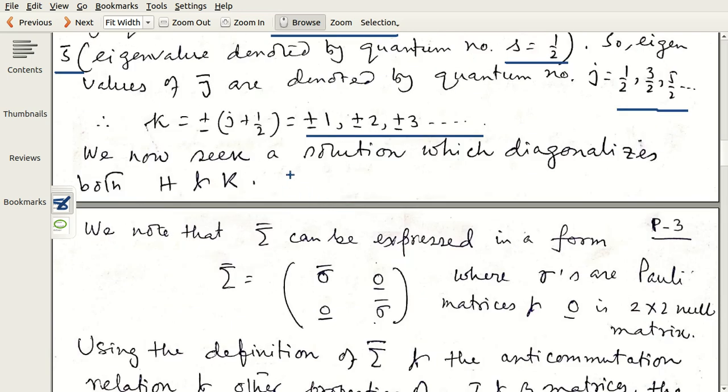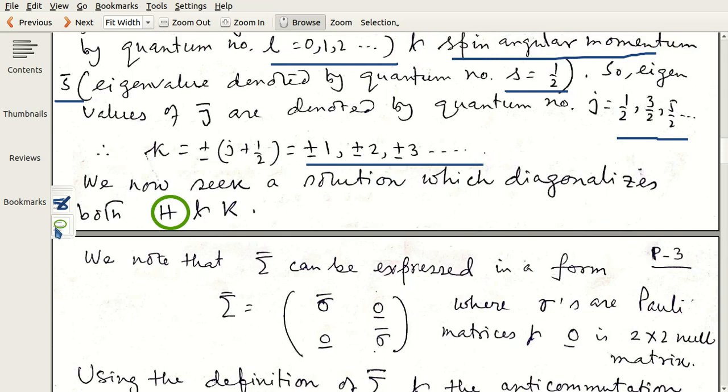If the eigenfunctions of the Hamiltonian are also eigenfunctions of this operator K, then when we use that eigenfunction in the Dirac equation, we can replace K by its eigenvalues. The operator form will not be needed.